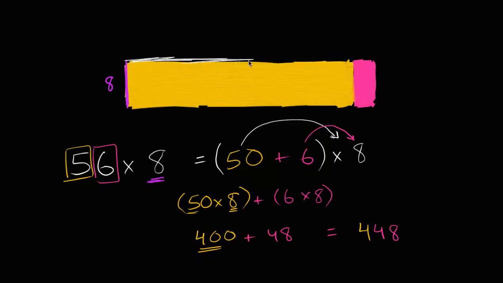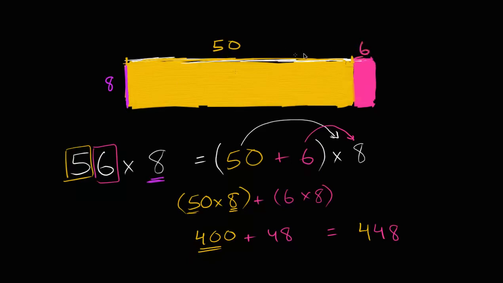So the area of this rectangle is going to be 56 times 8, which is what we set out to figure out. And to do that, we could break it up into 50 and 6. So this first section right over here has length 50, and then this second section has length 6.